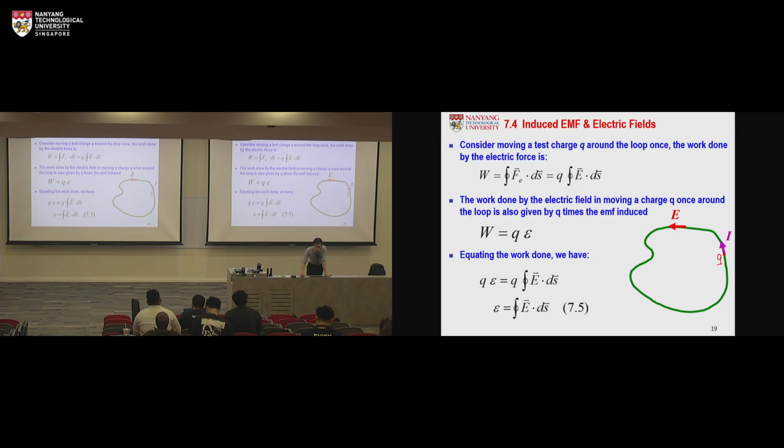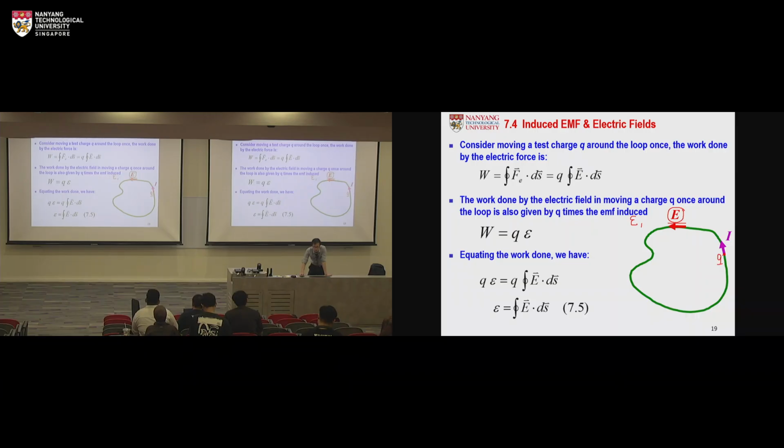We can move this charge along this loop for one cycle of motion, for one loop. For this one loop, let's assume there is already an induced EMF and also this E along this loop.